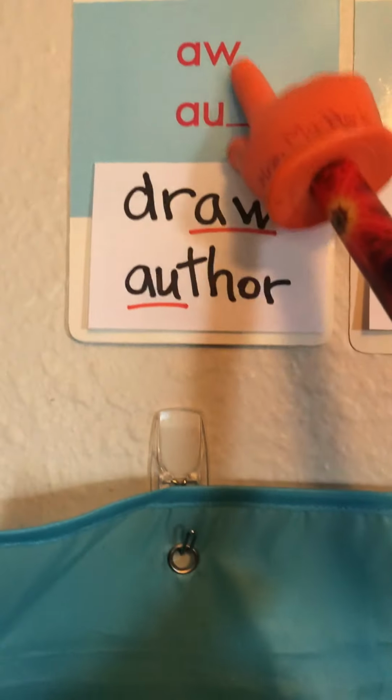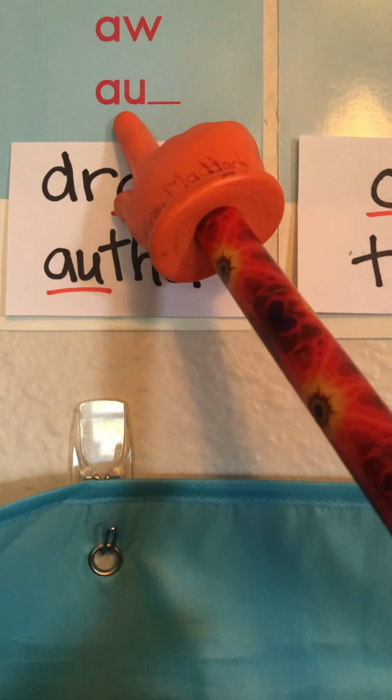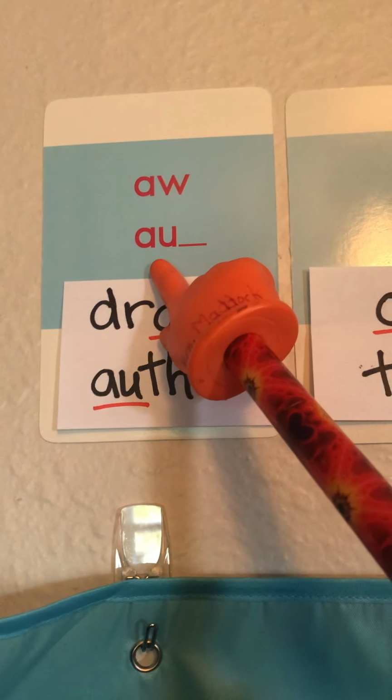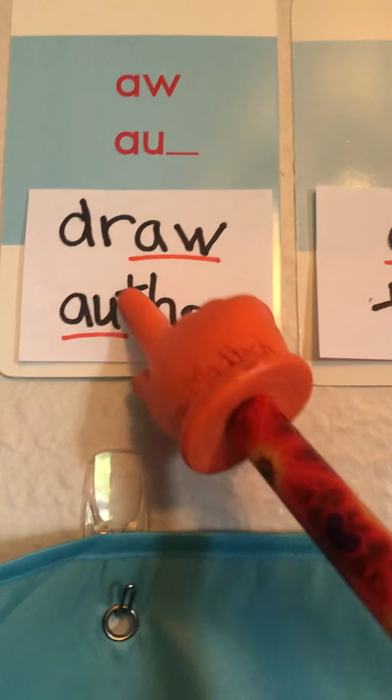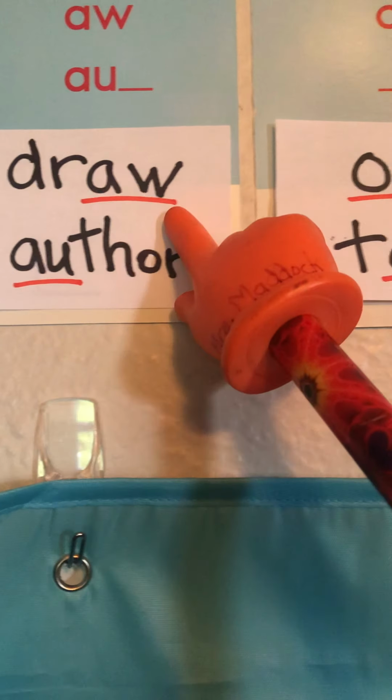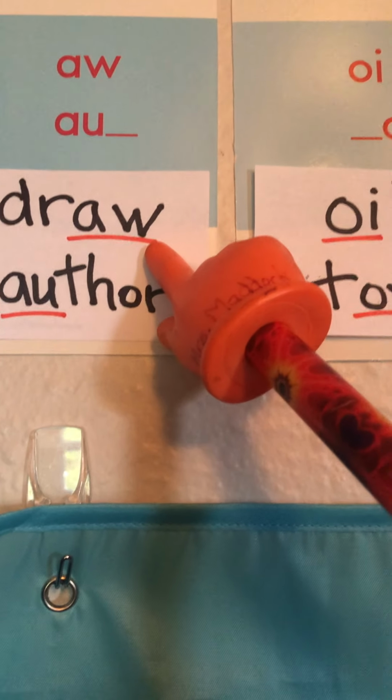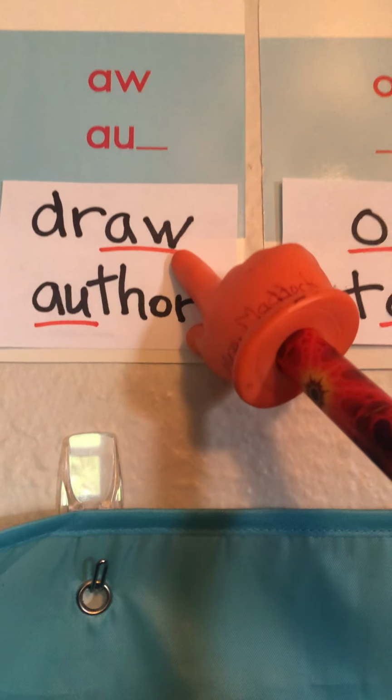All right. Next, we're going to look at some more sounds that help us. AW and AU both make the sound aw, like in draw. I hope you guys are drawing with Mrs. Marchand.